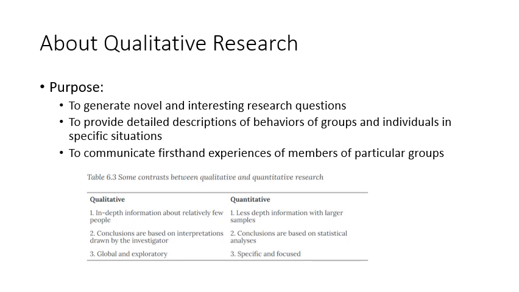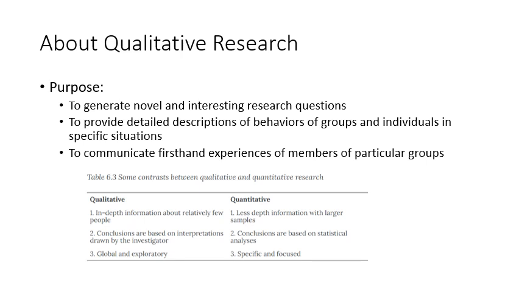So the purpose of this research is to generate novel and interesting research questions, to provide detailed descriptions of behaviors of groups and individuals in specific situations, like the families we just talked about, and to communicate firsthand experiences of members of particular groups, again like the one we just talked about, and also like the sexual minority teens in one of the previous lectures.